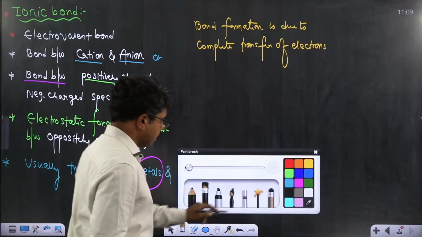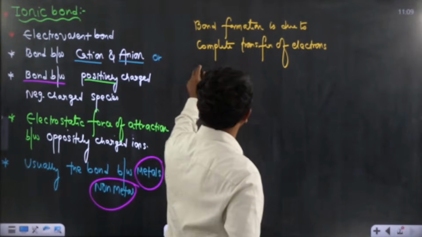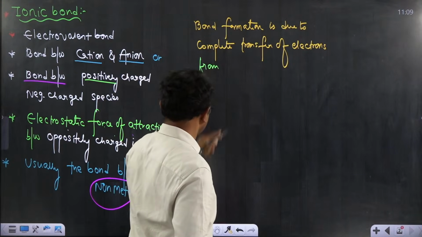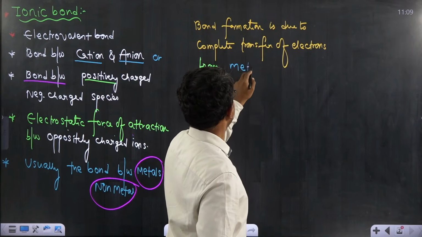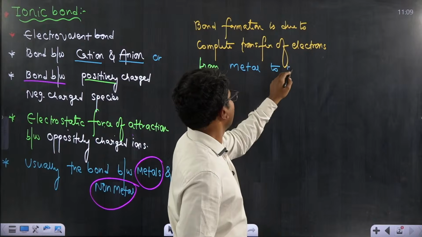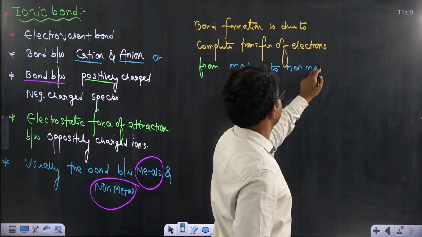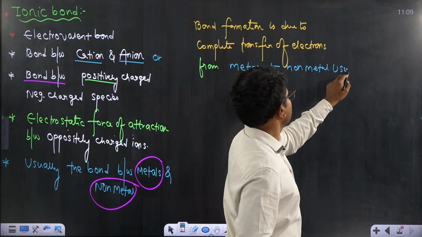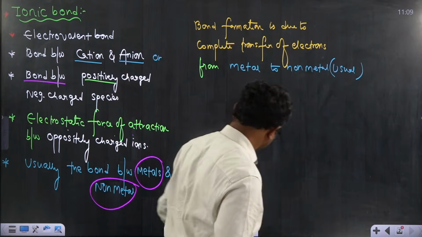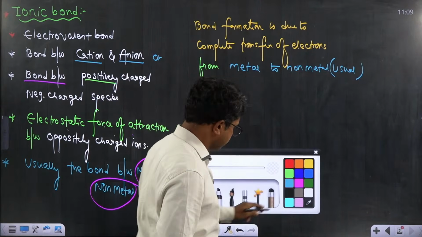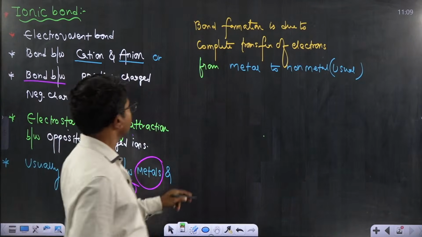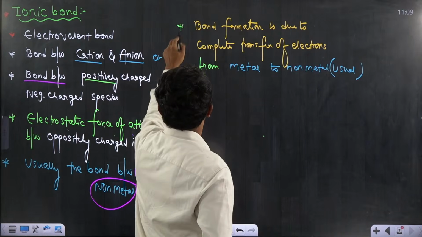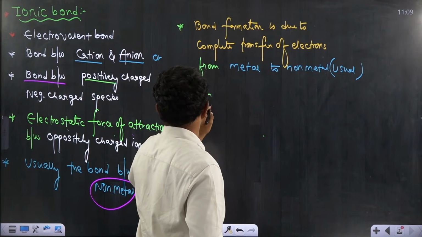If I am referring to complete transfer of electrons, it usually takes place from metal to non-metal. This is the usual, conventional definition. Let's try to illustrate ionic bond formation with an example.